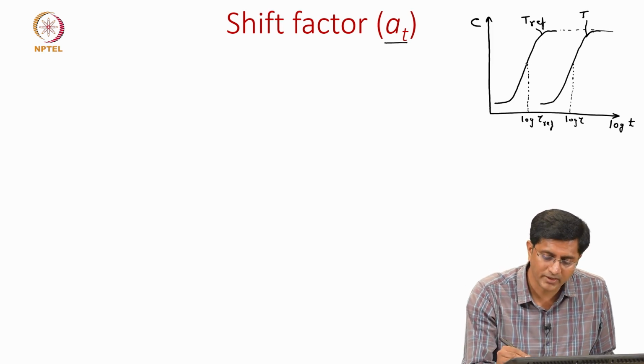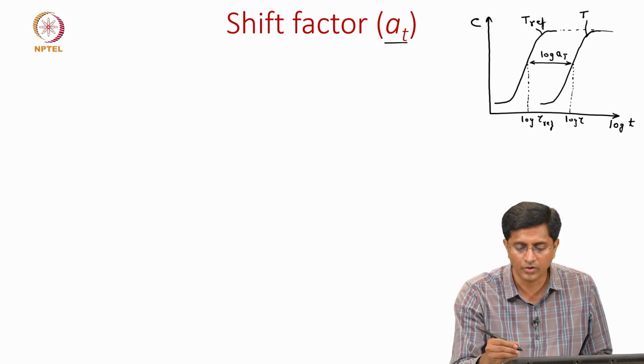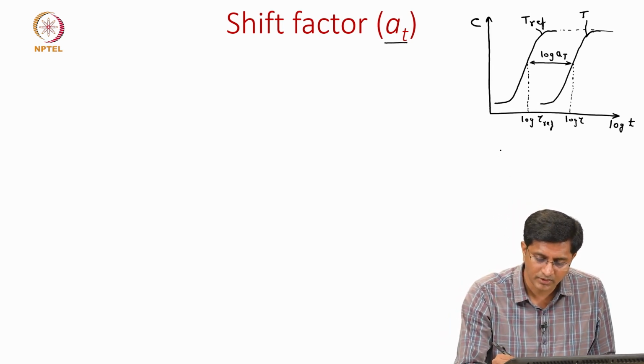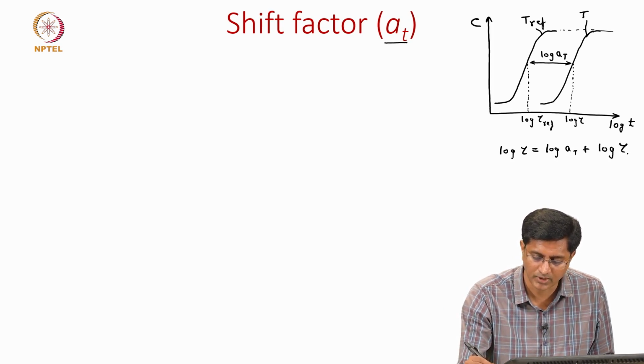So, this shift factor is this difference, log A_T. How did we get this? We said log of tau is given as log A_T plus log tau reference, the relaxation time at the reference temperature.